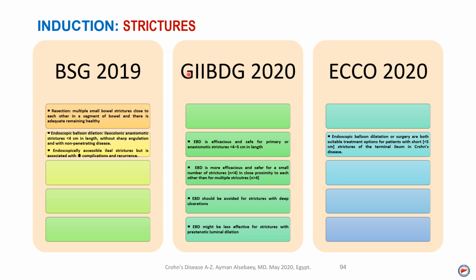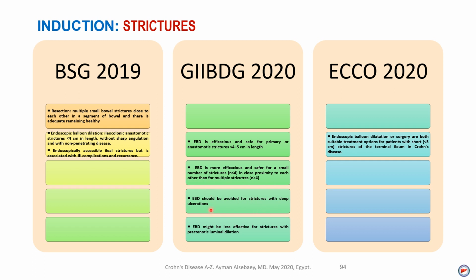The gastrointestinal interventional IBD group said that endoscopic balloon dilatation can be done for primary or anastomotic strictures less than 5 centimeters, and it is more efficacious if the number of strictures is less than 4 and they are in close proximity to each other.